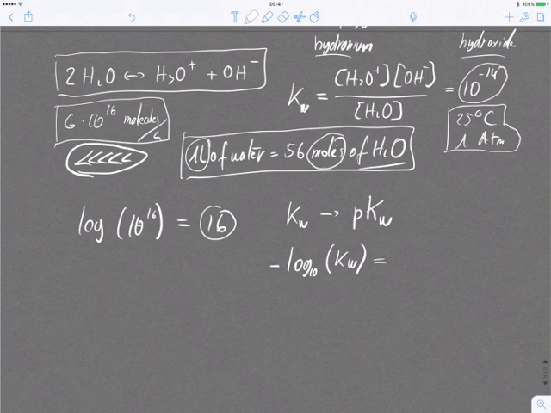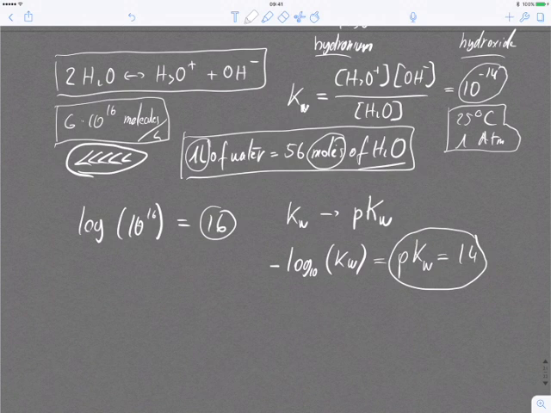So if I'm looking at the pKw, it is equal to 14. The minus log of the concentration of OH minus and H3O plus in solution is equal to 14. And we can go one step further.